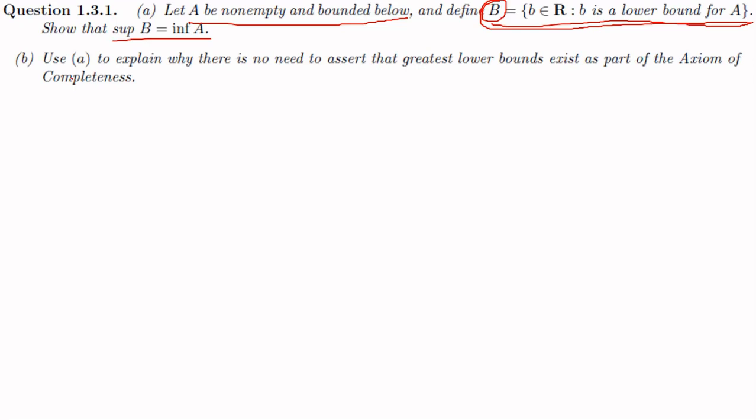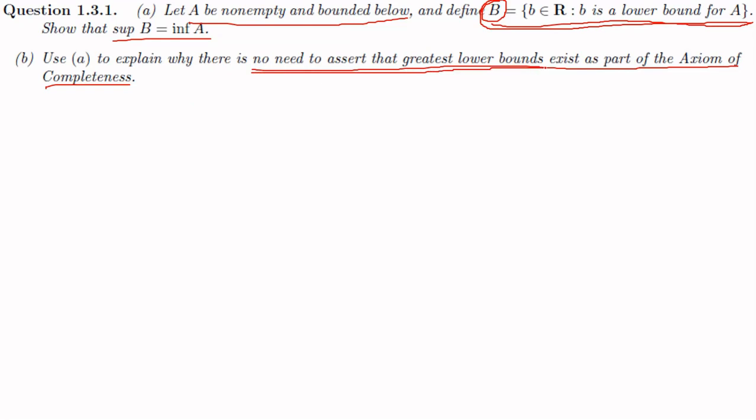Now the B part of the question: use A to explain why there is no need to assert that greatest lower bounds exist as a part of the axiom of completeness. Now hope you remember the axiom of completeness says that a non-empty set of real numbers, if that is bounded above, then it has a least upper bound.